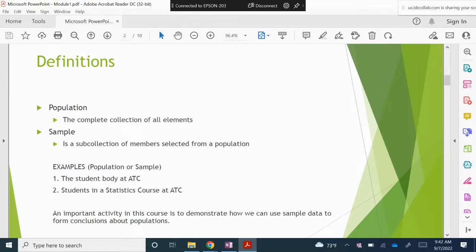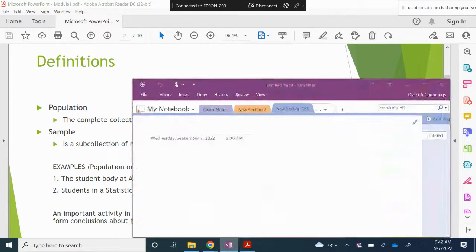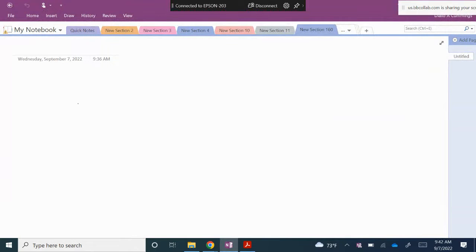When you're trying to determine between a population and a sample, for a population, we use what's called a parameter to describe the population. And for a sample, we use a statistic.